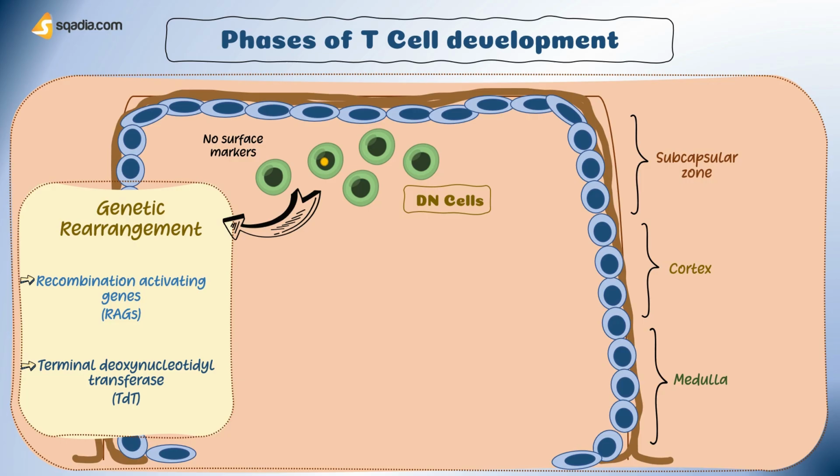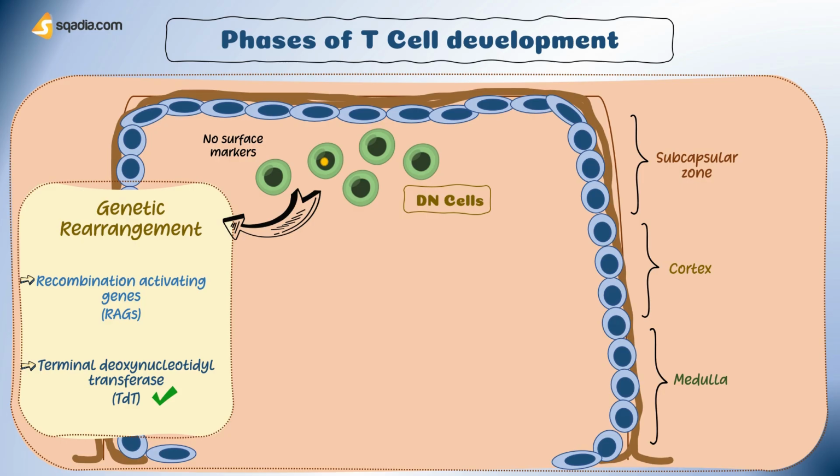This TdT contributes to the production of a variety of antigen receptors over the surface of T cells. And these recombinases, that are produced by the immature T cells, under the influence of thymic hormones, shuffle the DNA to give rise to particular kinds of TCRs according to the antigen present.